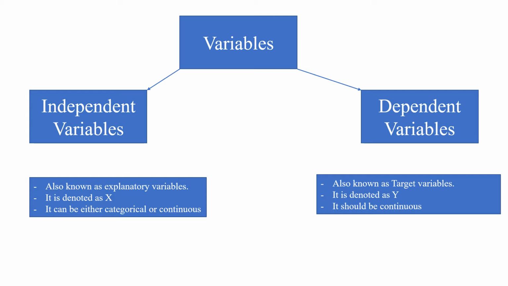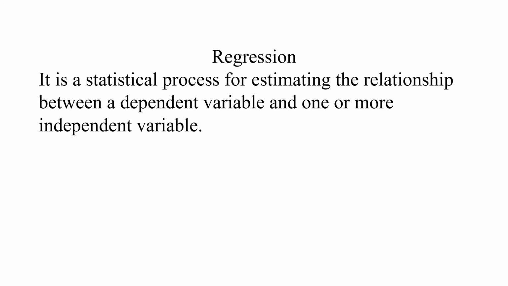Now, let us go and understand what exactly is regression. Regression is a statistical process for estimating the relationship between a dependent variable and one or more independent variables. So it is a process of estimating a relationship between what?